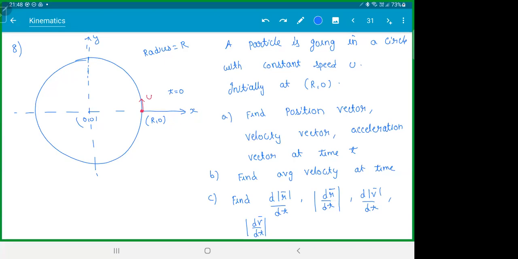Find average velocity at time t and the C part. Find d mod r by dt, mod of dr by dt, d mod v by dt, mod of dv by dt. So what is this dr by dt? Let's do more problems on that part.